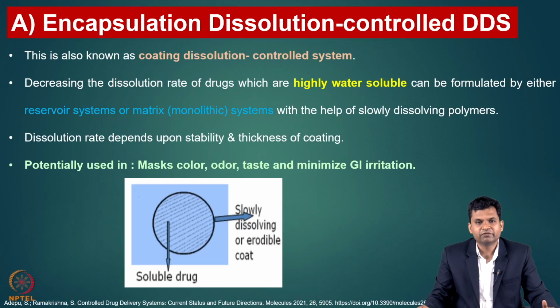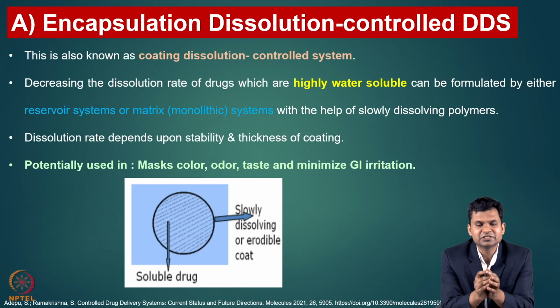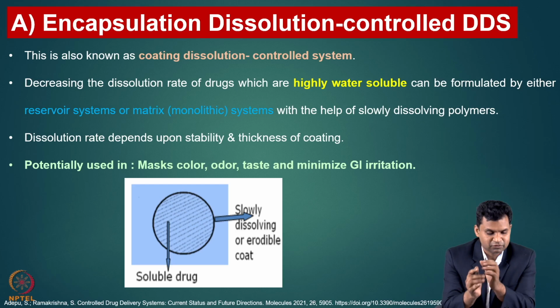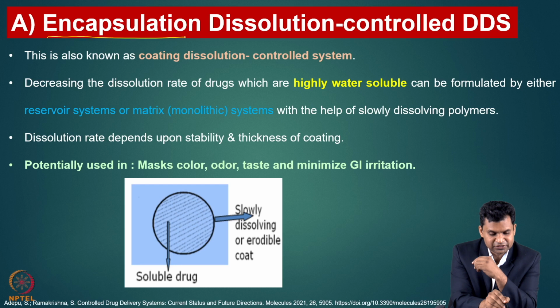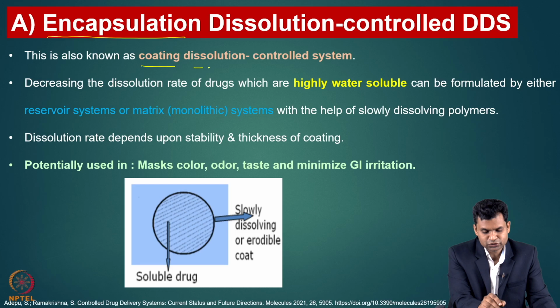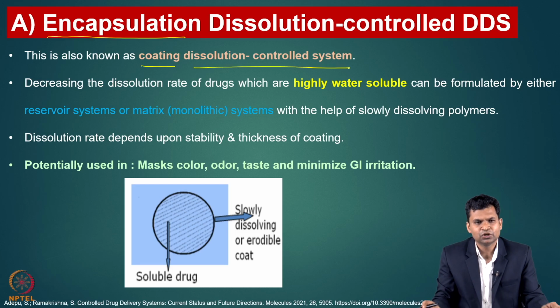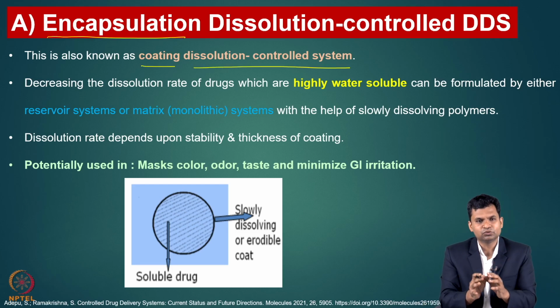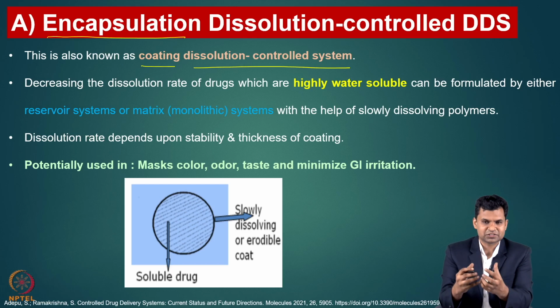Here we know that dissolution controlled release can be classified into two systems. One is encapsulation, or you can say the reservoir systems, also known as coating dissolution control systems. Here what we do is decrease the dissolution rate of drugs which are highly water soluble.